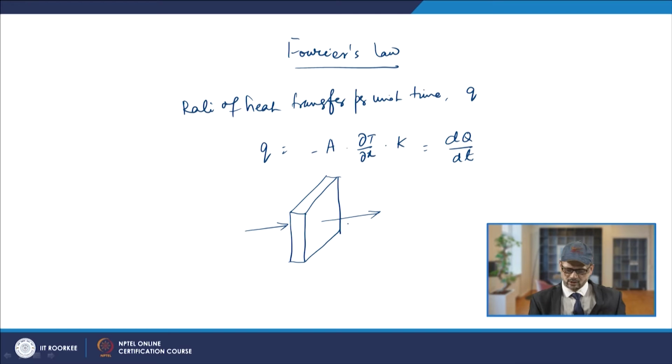This dimension is dx. If you look at the temperature, this will be at higher temperature and this will be at lower temperature. This difference will be dT.